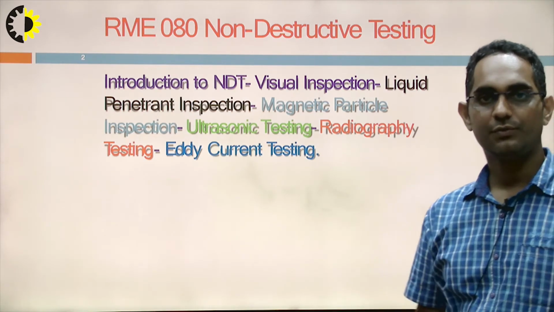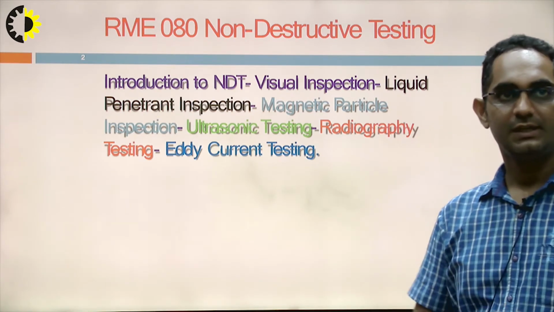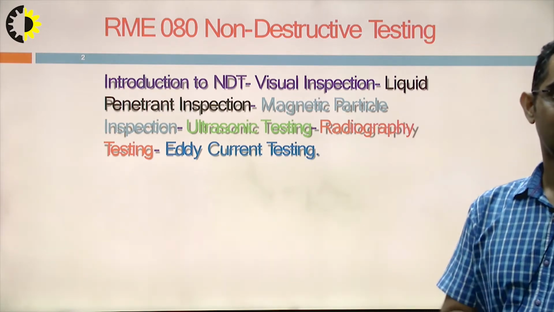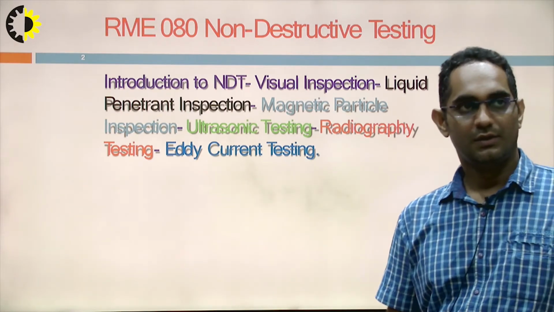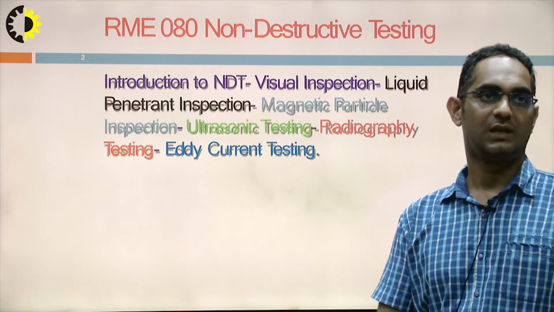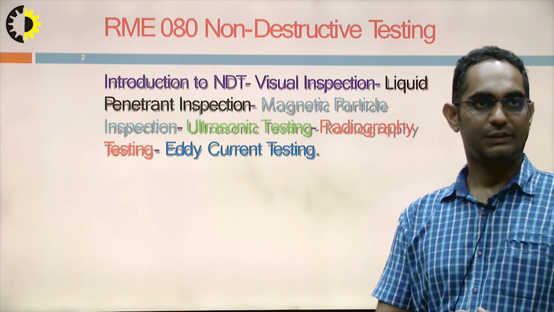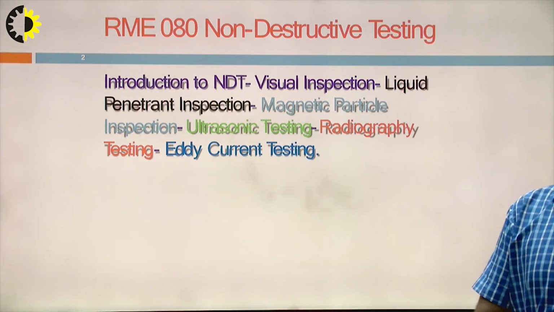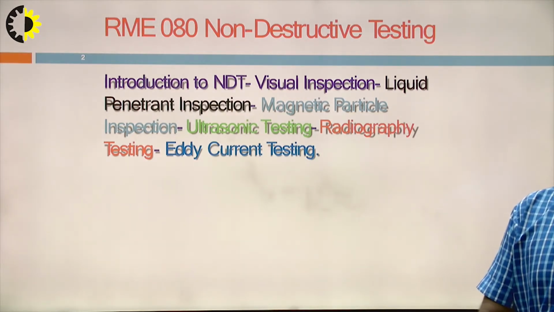We will continue with the introduction to NDT and the comparison between destructive testing and non-destructive testing. The subject code is RME 080, that is, non-destructive testing.